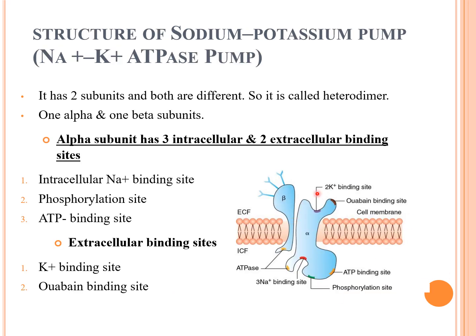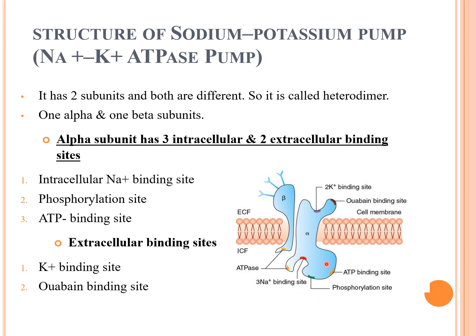Coming to the structure of the sodium potassium ATPase pump, it has 2 subunits, one alpha subunit and one beta subunit. Both are structurally different, and that is why this sodium potassium ATPase pump is called a heterodimer. The beta subunit has glycosylation sites, whereas the alpha subunit has extracellular binding sites and intracellular binding sites.